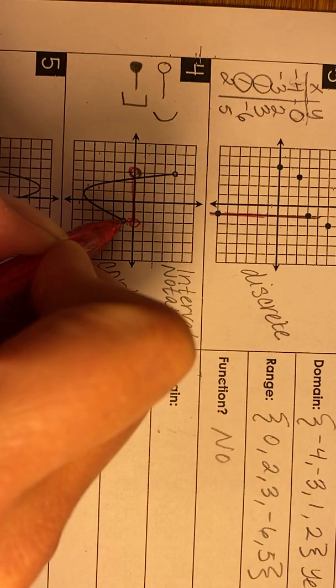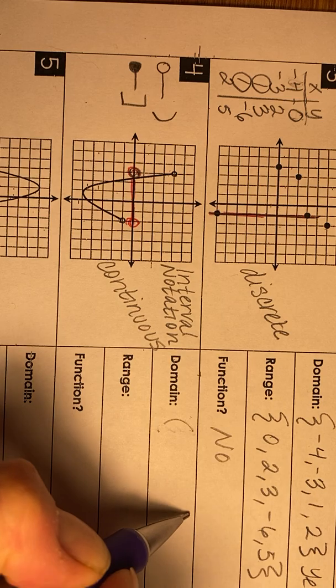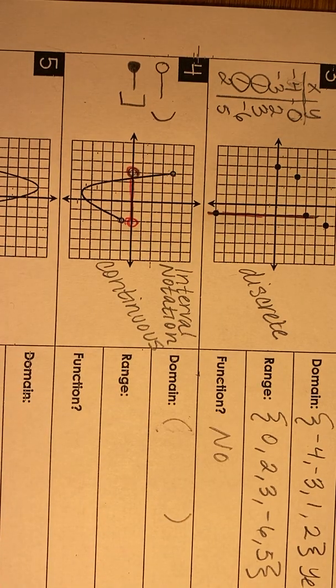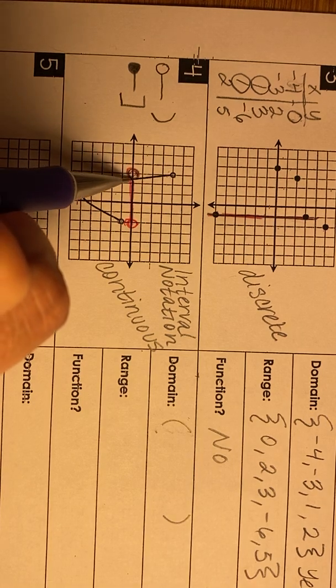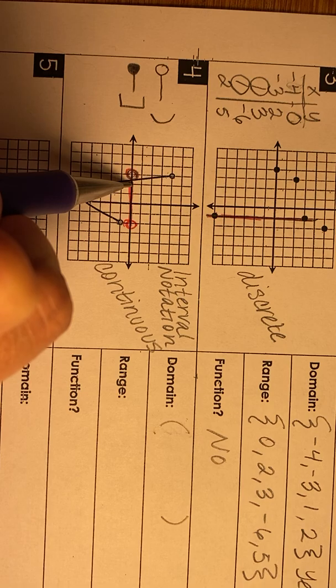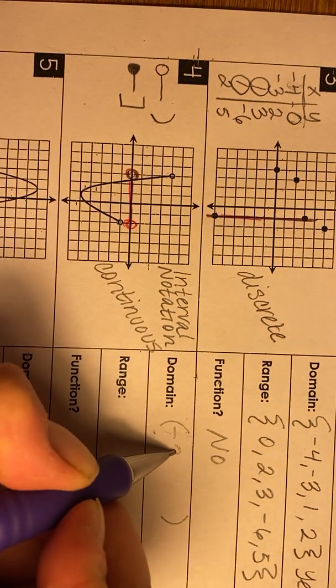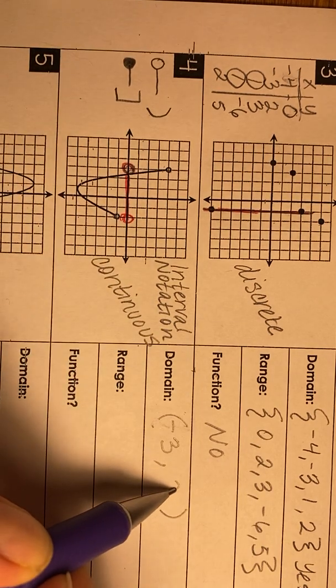This is the maximum value of my domain. Open, open, because my endpoints are open. And the minimum value is negative 3, comma, my maximum value of 2.